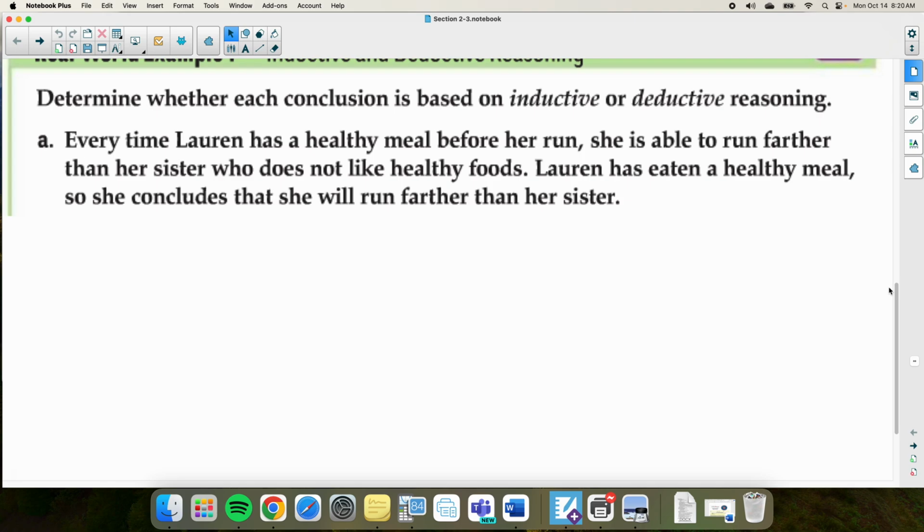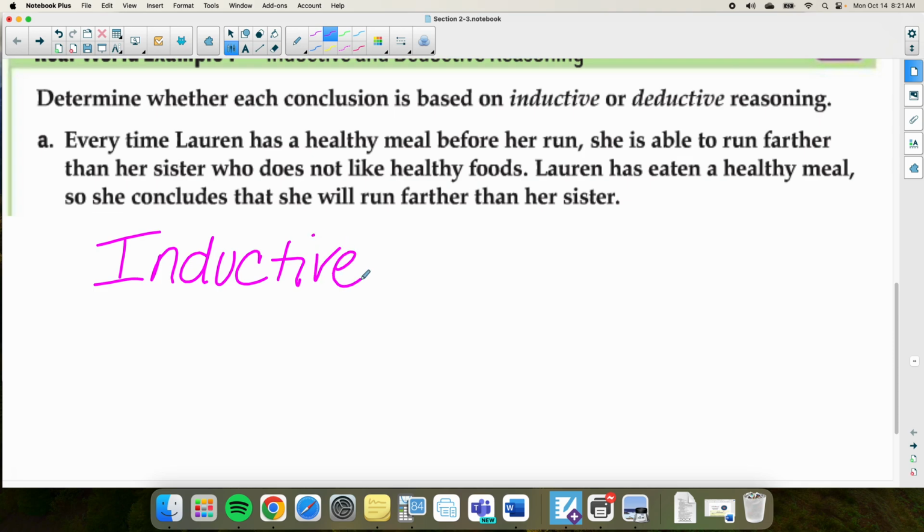It doesn't say anything about how often they run, anything like that. I think we all could agree if you're going to run and you eat healthy, it's better for you, right? It's going to make your run a little bit easier. But there's not like a law that says if you eat healthy, then you can run farther than your sister, correct? So this one would just be inductive reasoning, just because there's no actual rule that says that, okay?